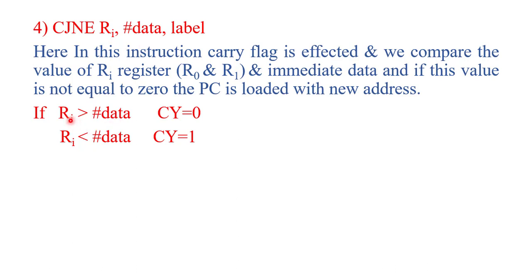So here I write, if Ri is greater than the immediate data, the carry flag is 0 and the program counter is loaded with the new address and jumps to the new memory location. And if Ri is smaller than the immediate data, then the carry flag is 1. So in this instruction also the carry flag is affected.